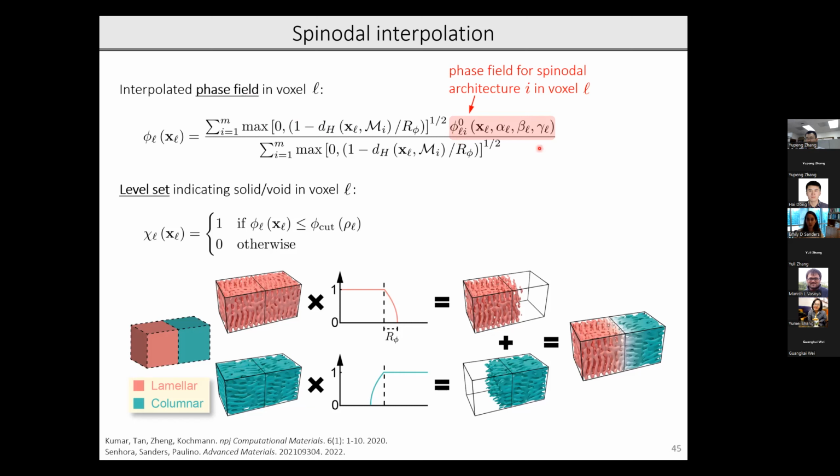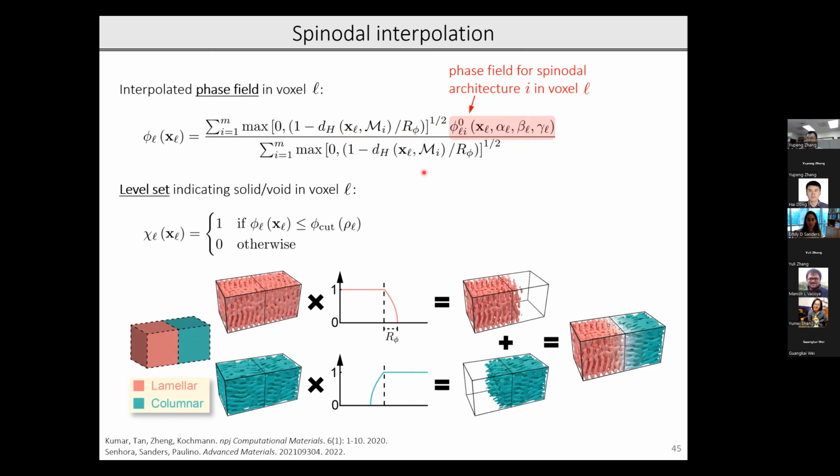Okay, so if I have a phase field representing each of my spinodal architectures throughout my structure, so I have a phase field for isotropic, a phase field for cubic, a phase field for lamellar, columnar, then I can use this equation to interpolate between them. This equation kind of looks complicated, but it's illustrated here, where I'm trying to interpolate a transition region between the lamellar and the columnar architectures.